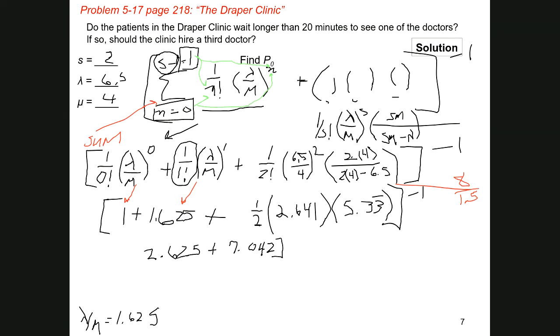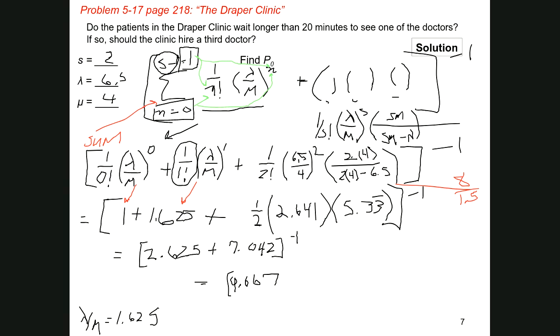We're going to take the inverse of that. Finally, when we add these two together, that's 9.667.